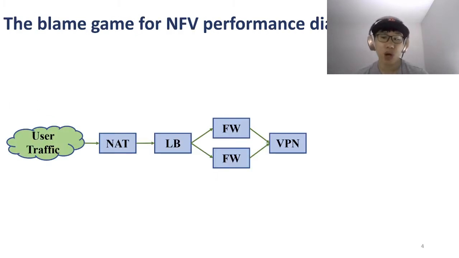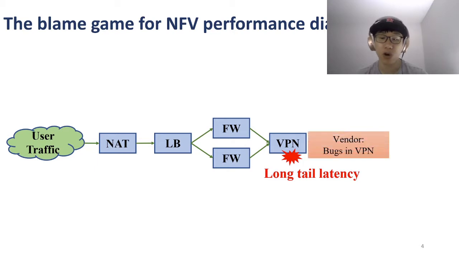These performance problems are hard to diagnose because they involve many parties and it is easy to blame each other for the problems. Here is an example of an NFV chain where the operator sees a long tail latency problem in the VPN. The first suspect is of course the VPN, so the operators blame the VPN vendor.